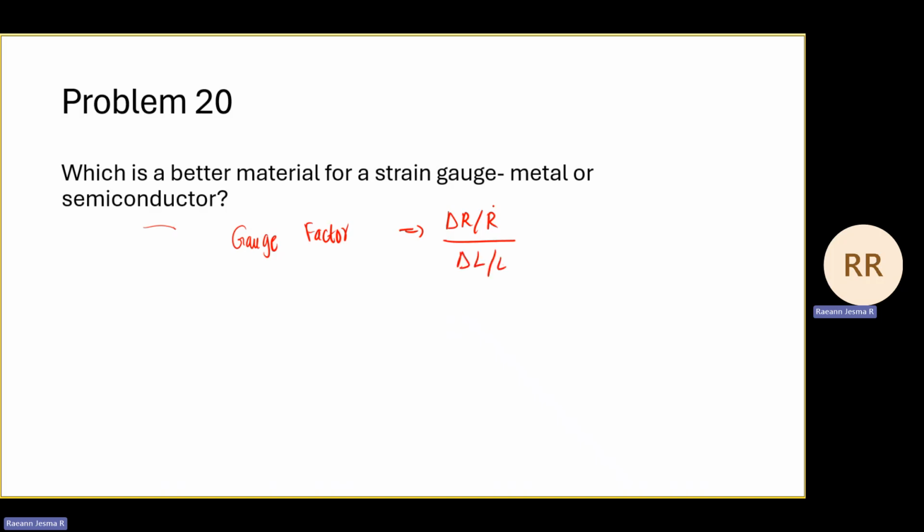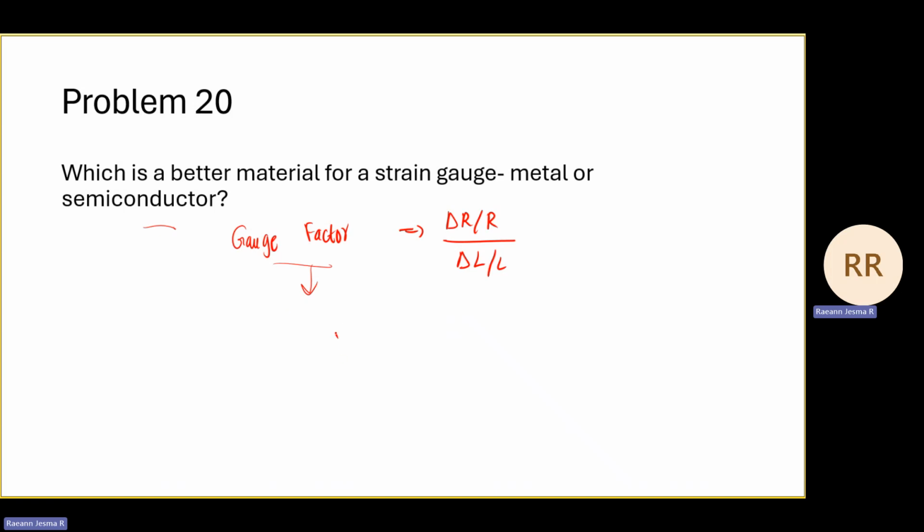So this is how much your resistance changes with change in length of your material. It is a particular constant value, and for each material it will vary.